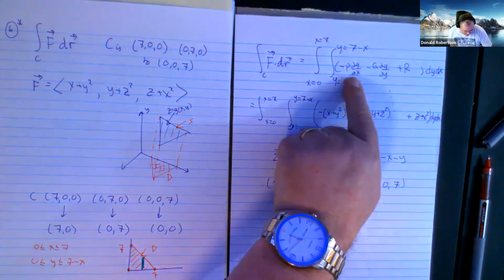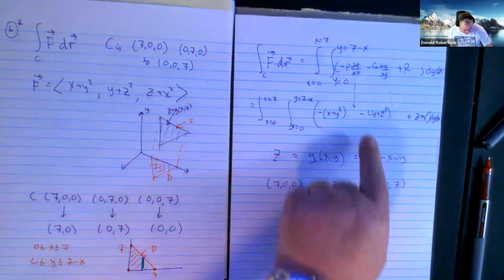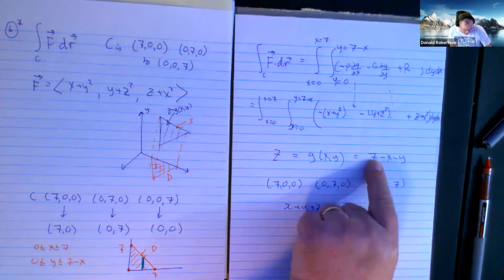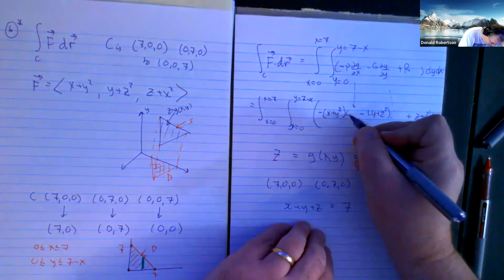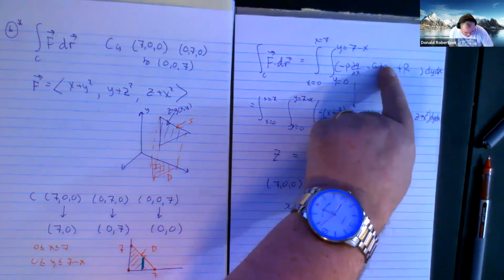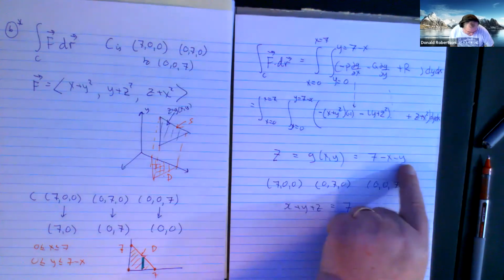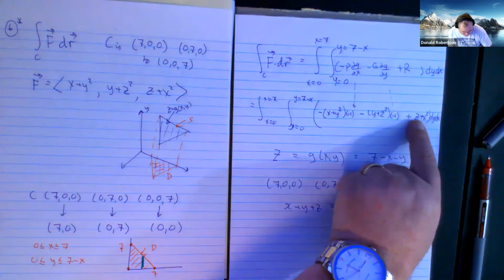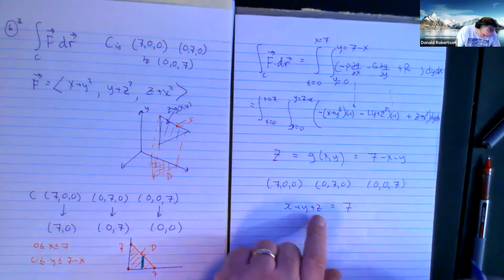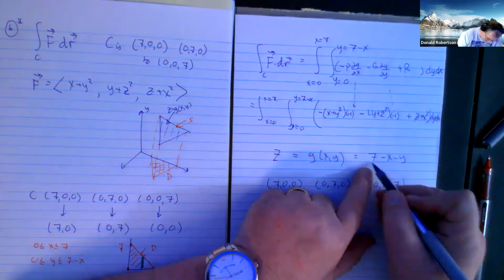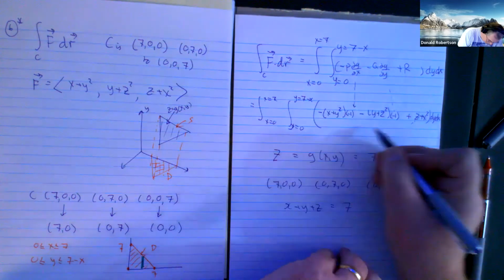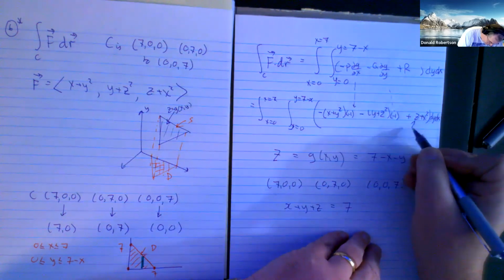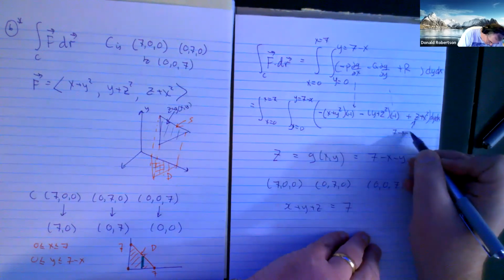So when you're asked to find dg by dx, don't you just differentiate this with respect to x, which is -1? You want dg by dy, you differentiate this with respect to y, which is also -1. And if you want z plus x squared, don't you just replace this guy here? So you're now going to have, instead of that fella, a 7 take away x take away y.